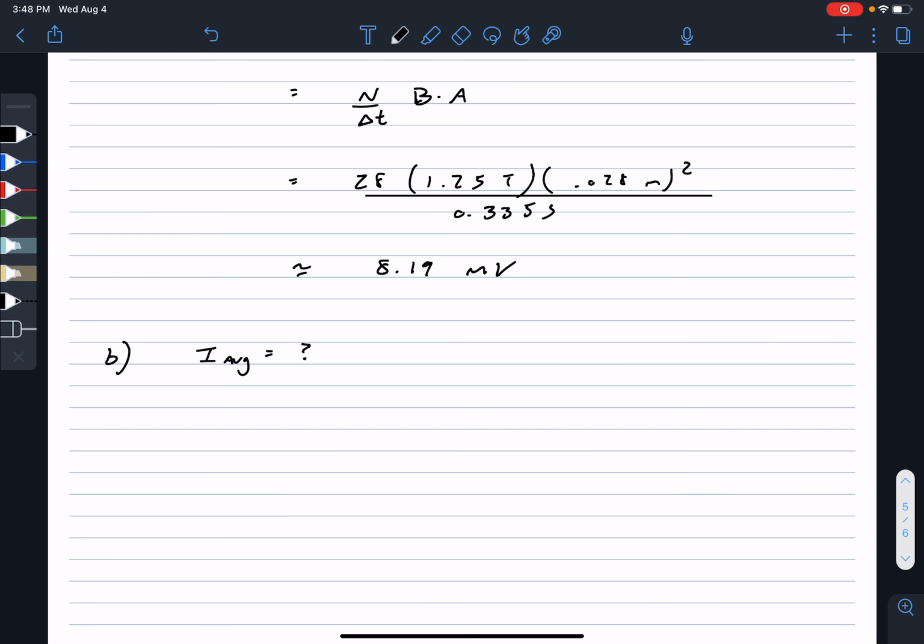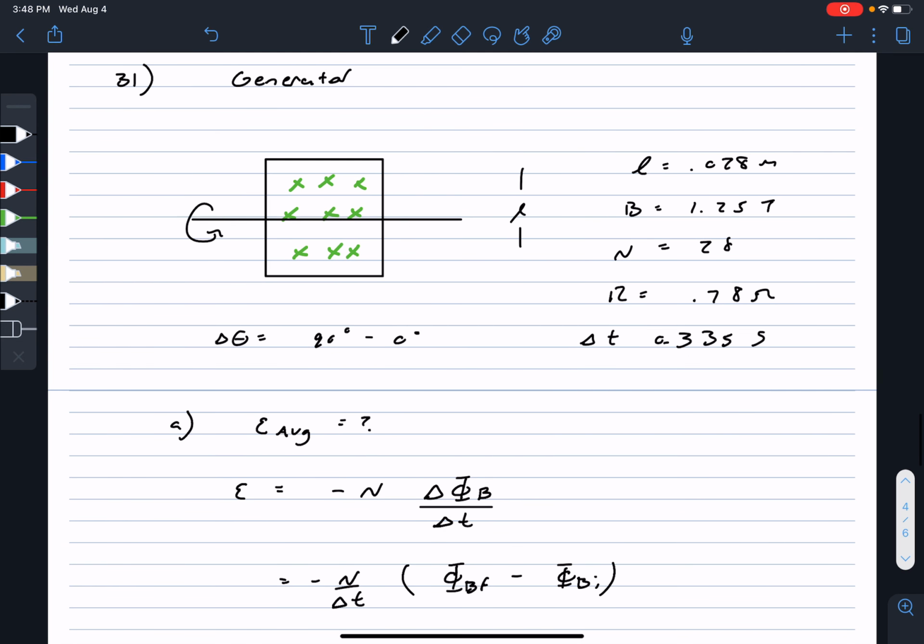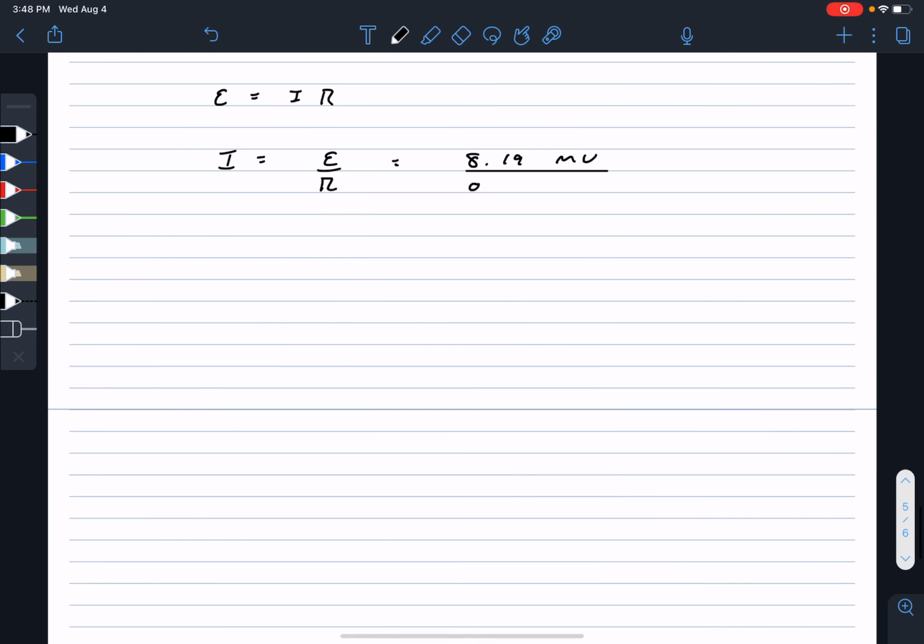We know the resistance of the wire, and so we can just use this. So average current is going to be I equals EMF over the resistance, millivolts over, what was the resistance? It was 0.78 ohms. Now this gives us a value of 105 milliamps.